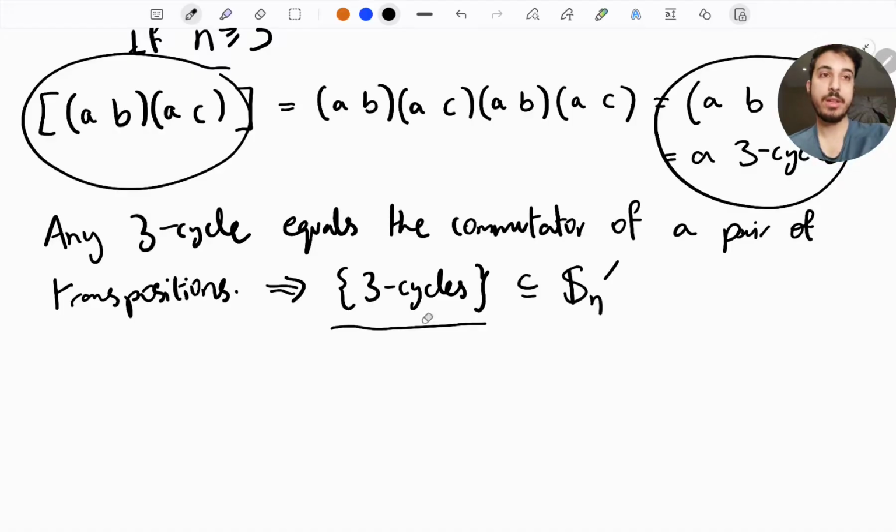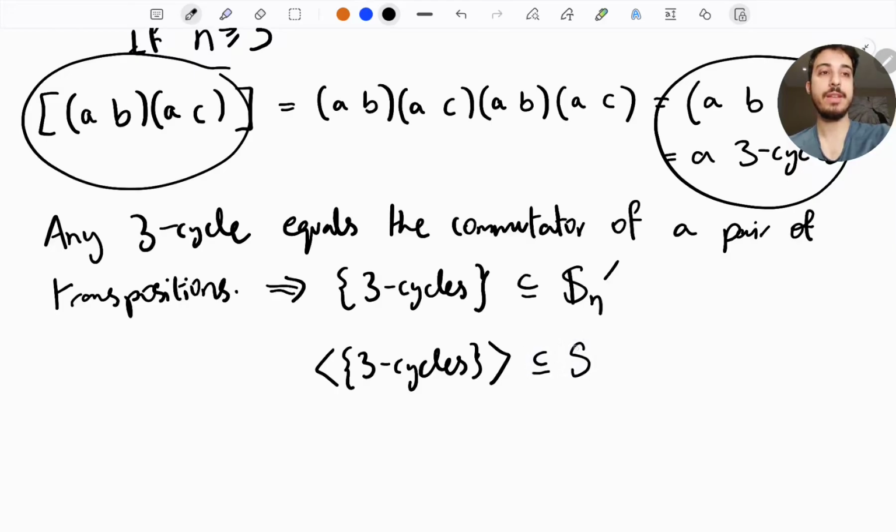And why is that? Because Sn prime is a subgroup, so it is closed with respect to products and inverses. So it is quite all right to take the subgroup generated by the 3-cycles and say that this subgroup is itself contained in the commutator of Sn.